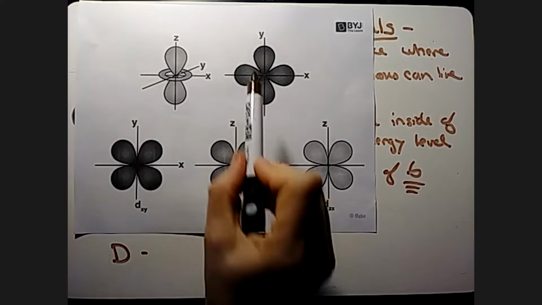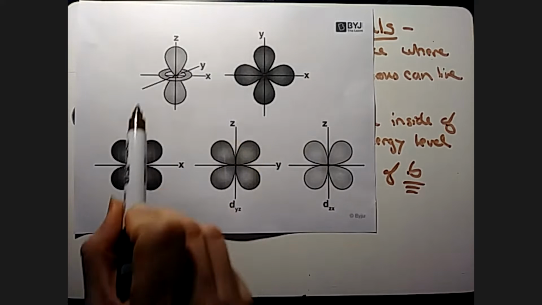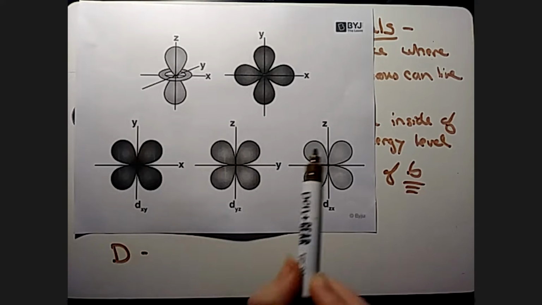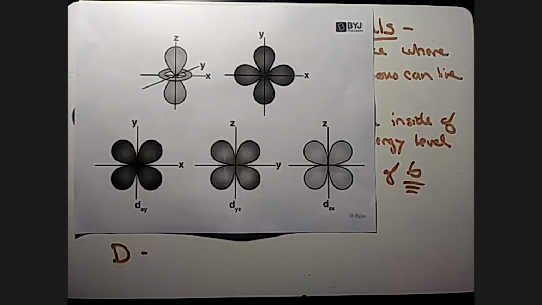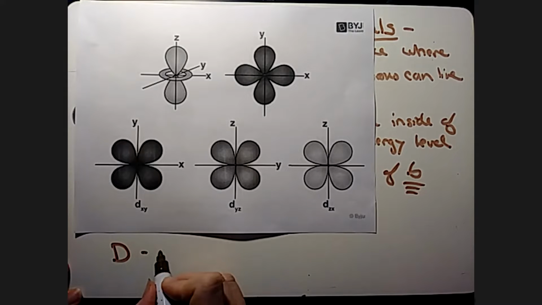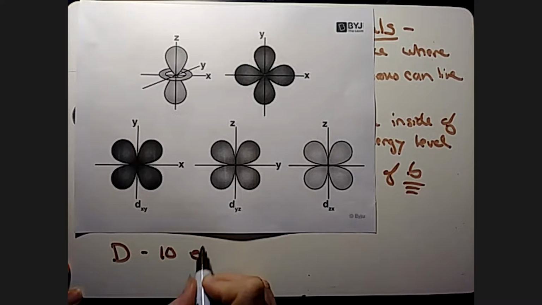Crazy. 2 electrons, 2 electrons, 2 electrons, 2 electrons, 2 electrons. With 5 total shapes, that means that in the d-orbital system, you can hold a total of 10 electrons. Really totally wacky. Now, not every shape is held on the inside of each one of the energy levels. We'll go over that in the next video.